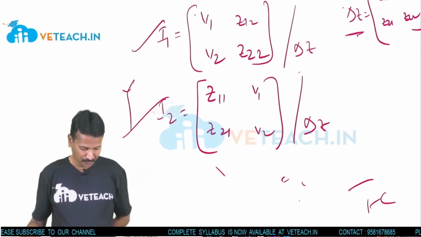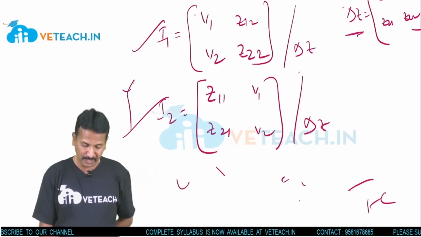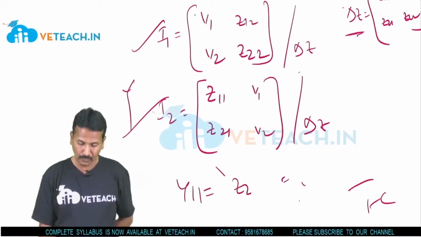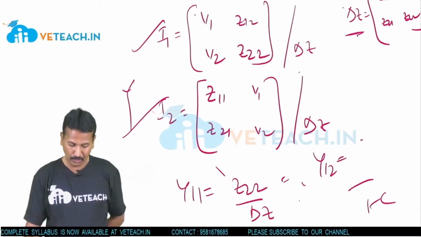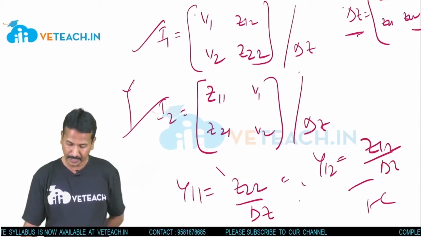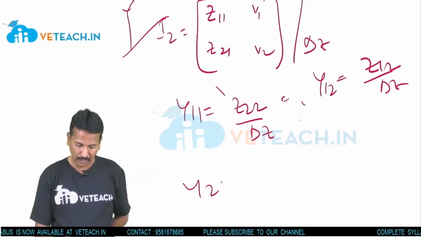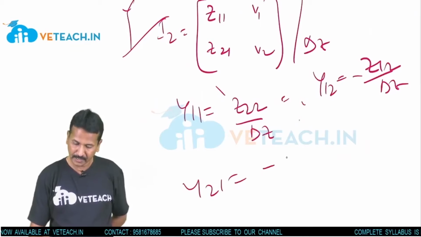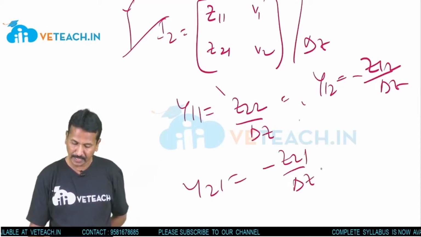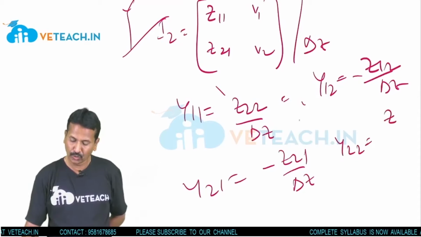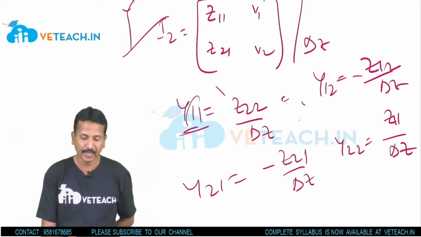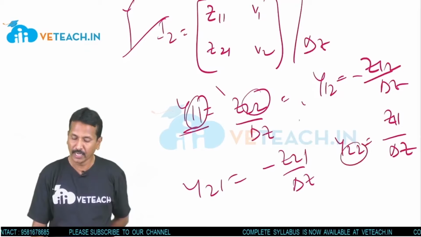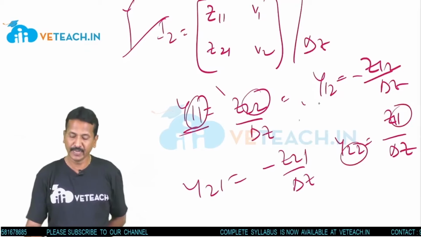Now Y11 is equal to Z22 by delta Z, Y12 is equal to minus Z12 by delta Z, Y21 is equal to minus Z21 by delta Z, and Y22 is equal to Z11 by delta Z. Y11 becomes Z22, Y22 becomes Z11, and Y12 and Y21 are the same form.